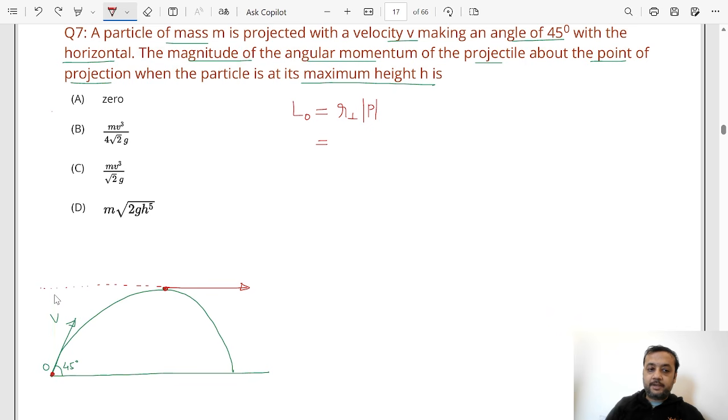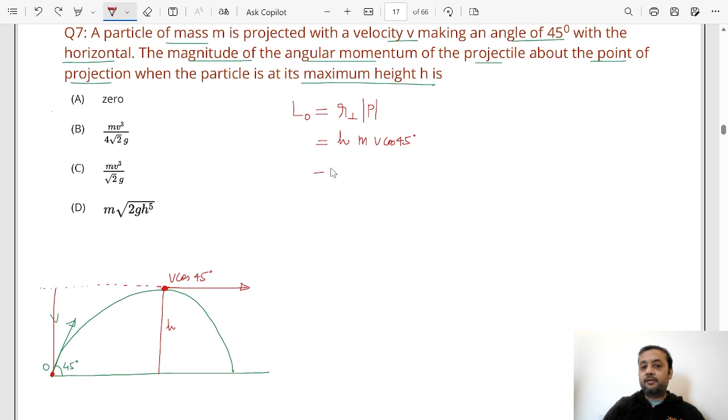This is what r perpendicular is. So basically this will be equal to maximum height, as you can see. So r perpendicular is nothing but maximum height, and magnitude of linear momentum at this point is mass into velocity at this point, which is v cos 45, because velocity at the top point we know is v cos theta.